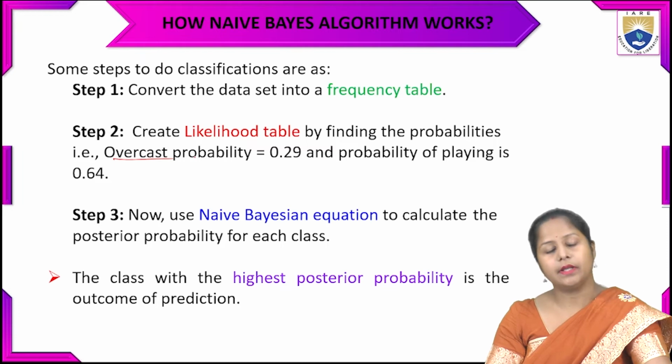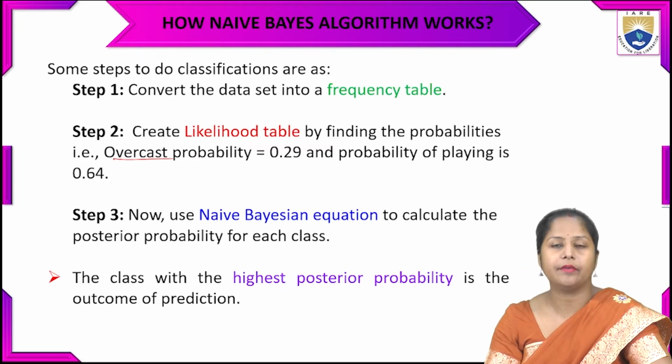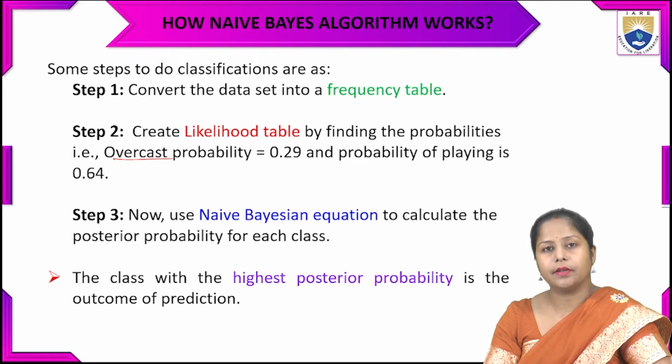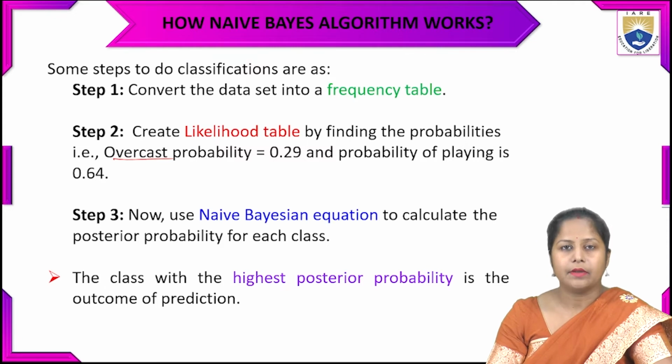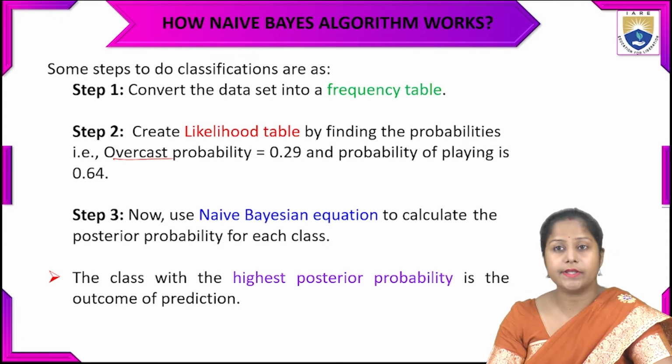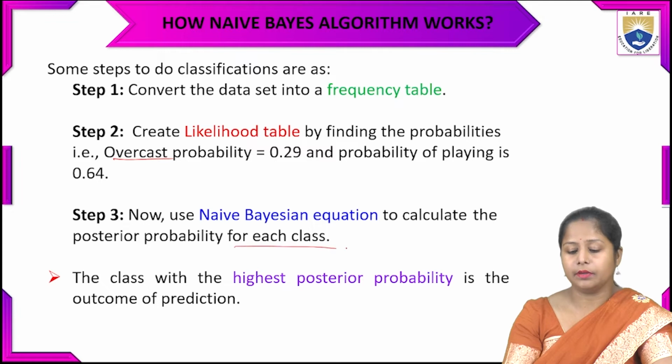So now in the third step, we have to do the naive Bayes equation. So there was the naive Bayes equation, that was P A given B. So we have to calculate that equation for each of the classes.